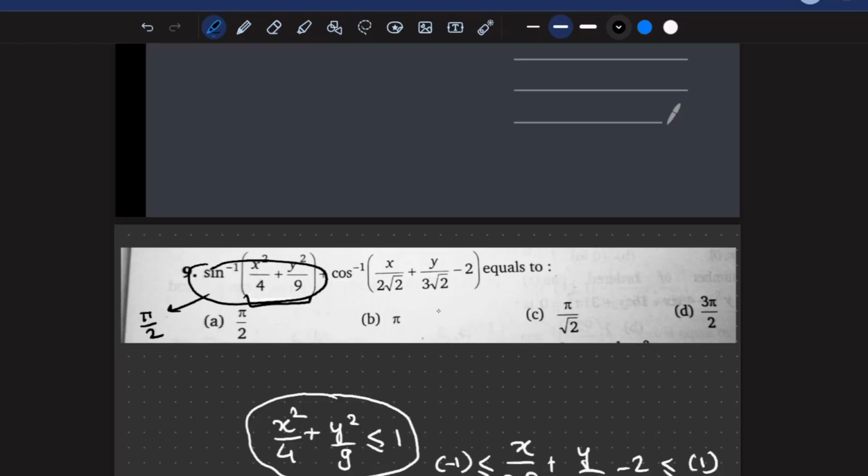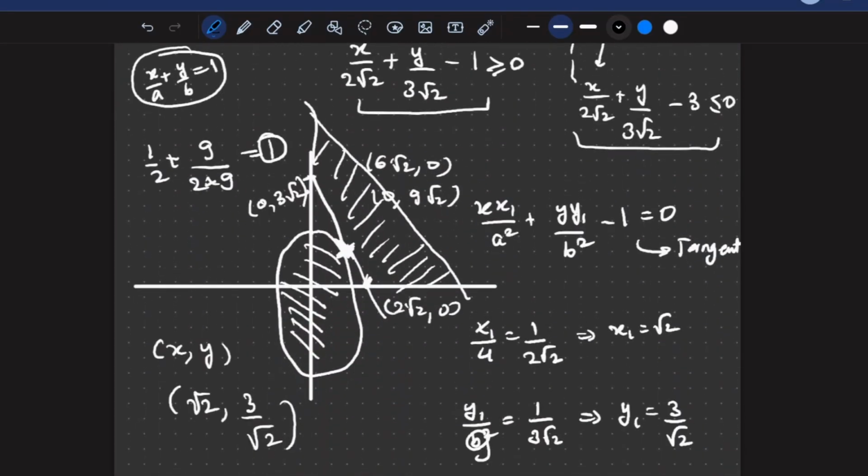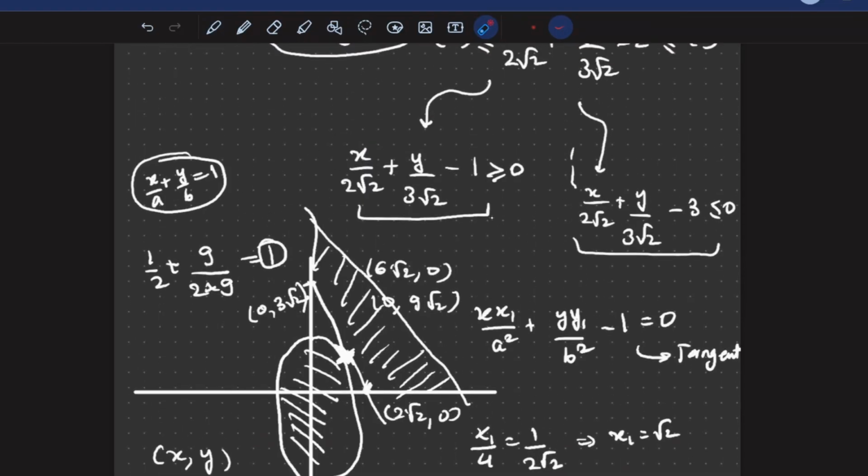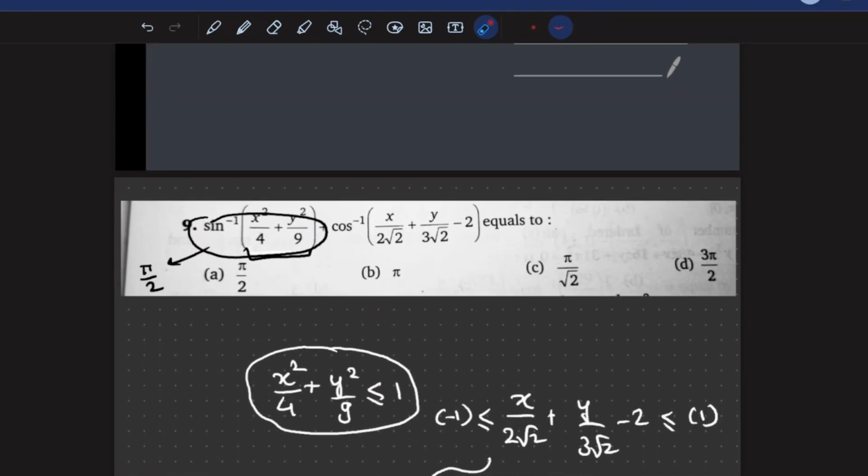Coming to this term, since this point satisfies this equation, x1 by 2 root 2 plus y1 by 3 root 2 minus 1 is equal to 0, in this bracket we'll be left with minus 1. What is cos inverse of minus 1? The value of cos inverse minus 1 would be pi. So my final answer would be pi plus pi by 2, which is 3 pi by 2. Option D.